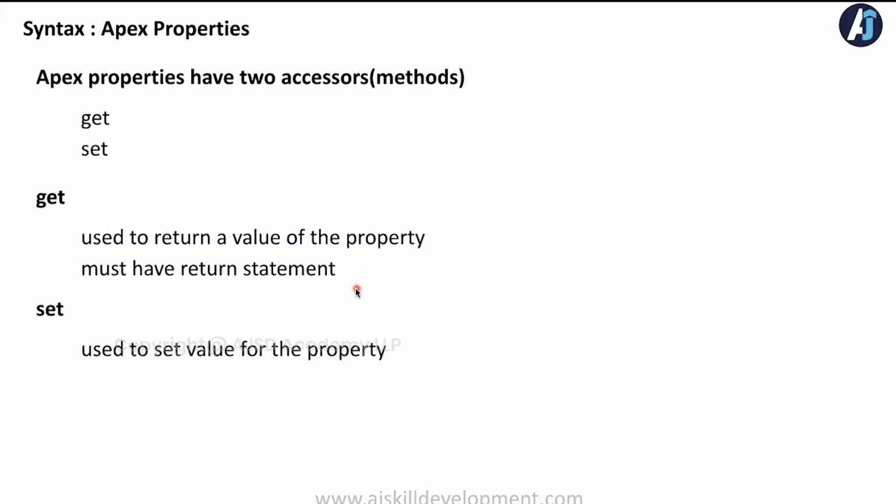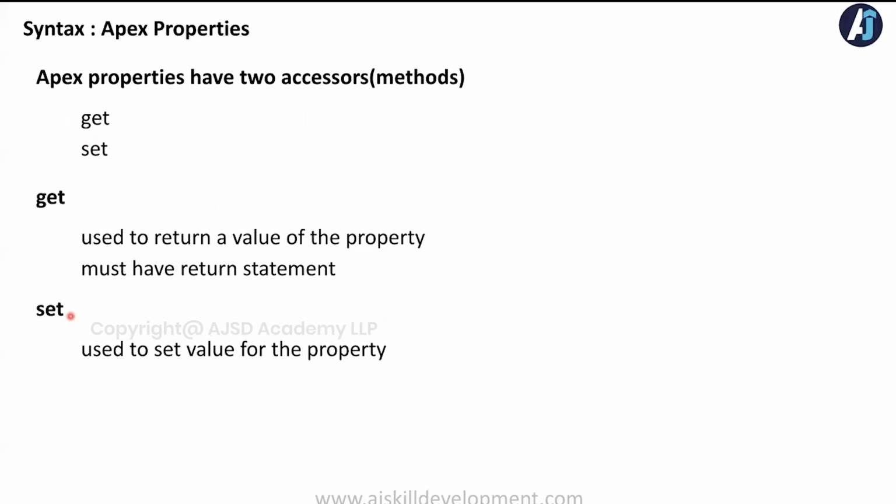So the syntax for the properties we just saw. Apex properties generally have two accessors, which we generally call methods. One is a get method and another one is a set method. It is self-explanatory. From the name itself, we can easily understand the role of get and the role of set. Set is used to set the value for the property.